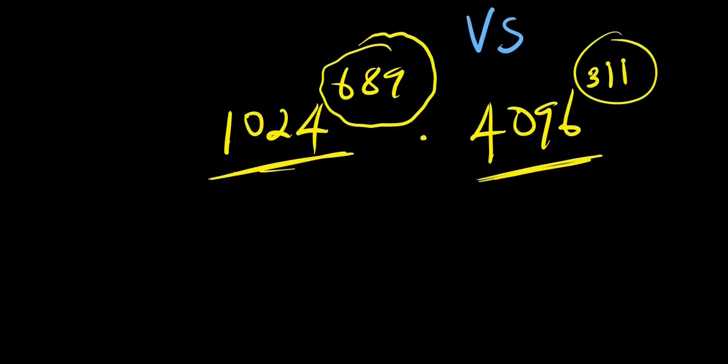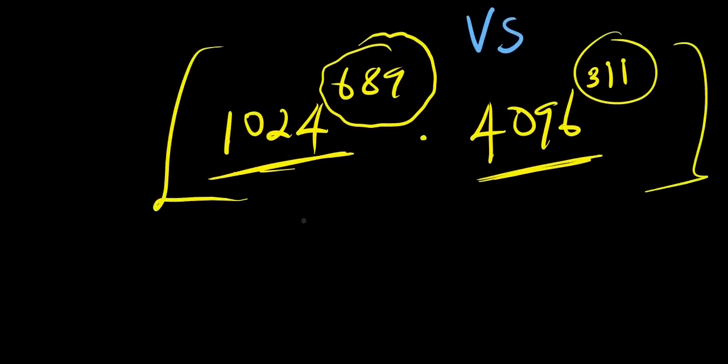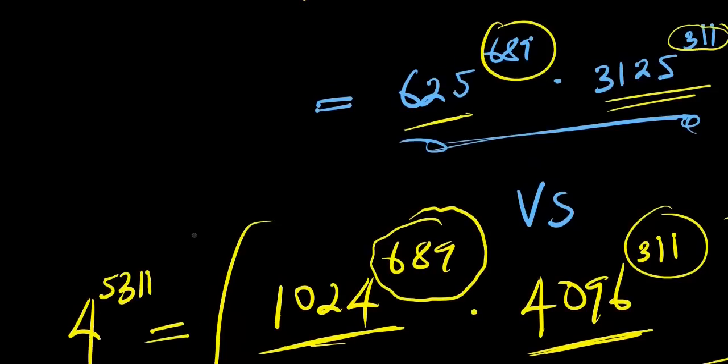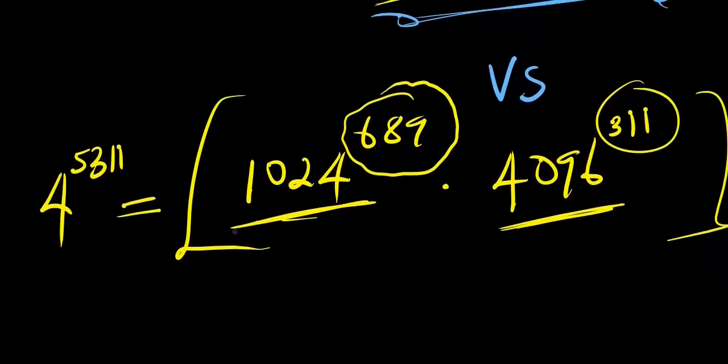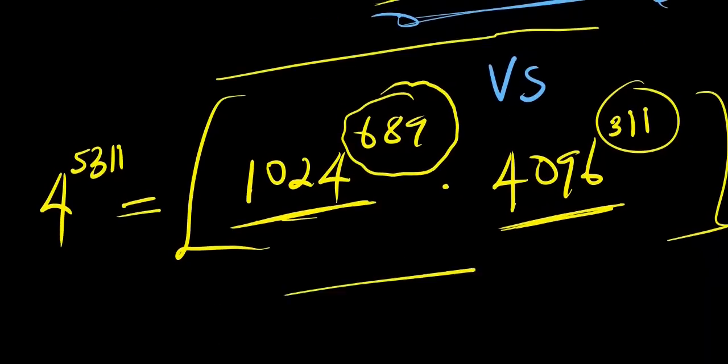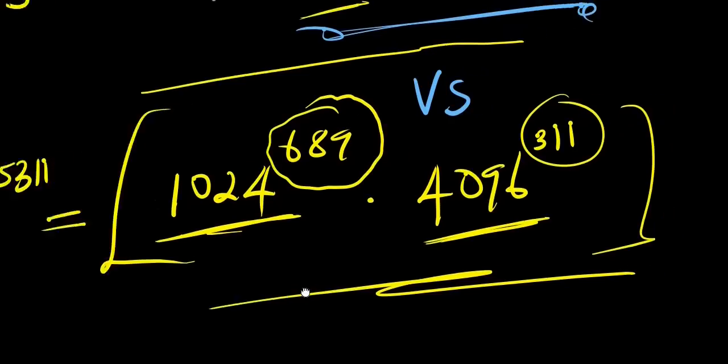So it's very obvious that the number that gave us this, which is 4 power 5311, equals this, while 5 power 4311 equals this. So this is the obvious bigger number without calculator or anything.